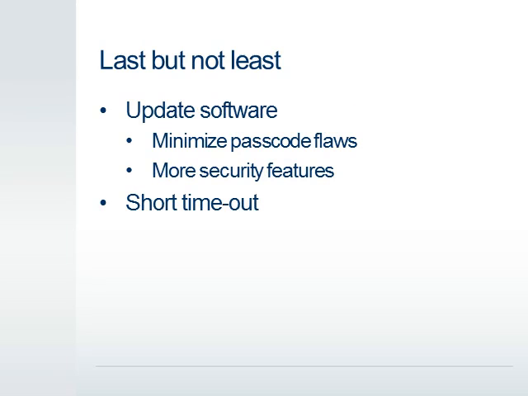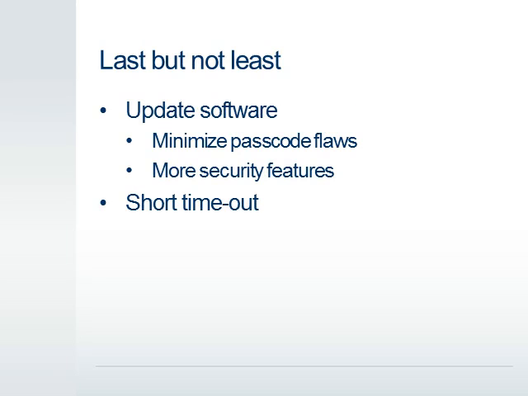Another thing you might not think of in terms of mitigating the pain of loss or theft is updating your software. It seems like every few months there's another trick someone has found to get past the lock screen on mobile devices to get at people's data. But right on the heels of each of those discoveries is a fix from the operating system vendor. By updating your software as quickly as possible, you minimize that window of vulnerability.